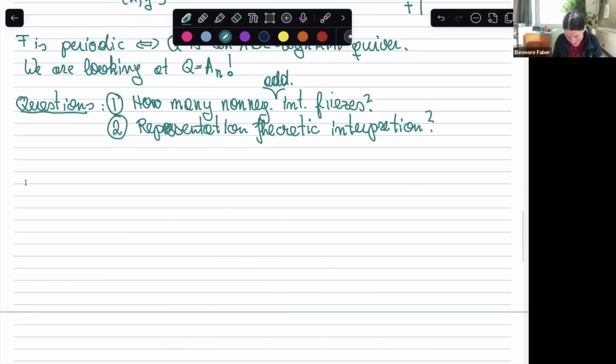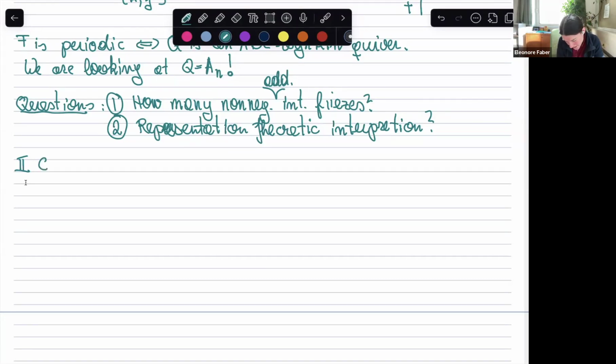We'll go to the second chapter. The things we want to know for our additive friezes should be parallel to what we know about multiplicative friezes.